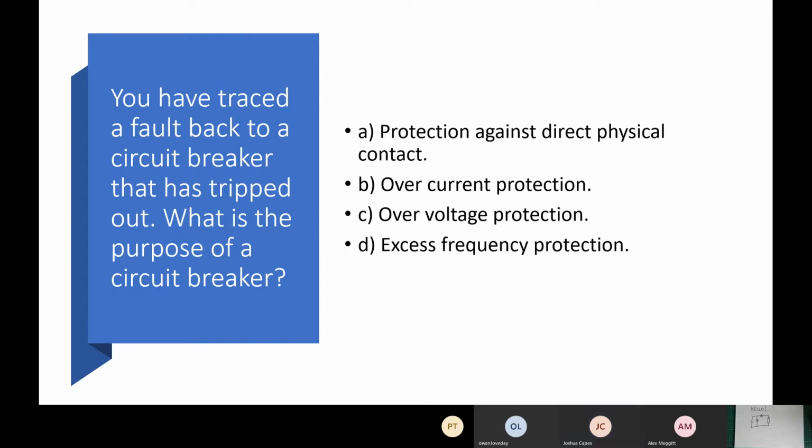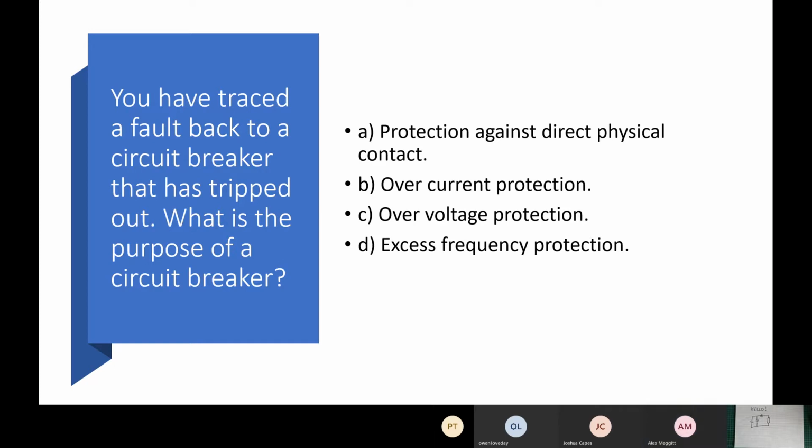Let's have a look at the options. Protection against direct physical contact. Does a circuit breaker stop you from touching it? No. Does a circuit breaker protect against overcurrent? Yes. Does it protect against overvoltage protection? That's RCD, isn't it?